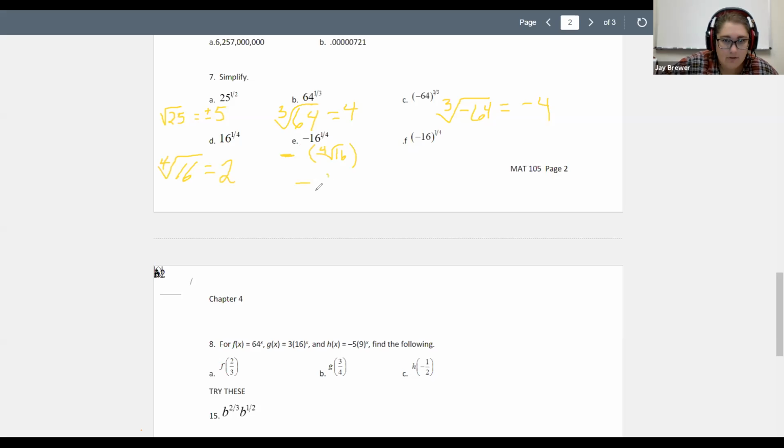So we end up with a -2. However, is there a number that will allow you to multiply it by itself 4 times and yield a negative? Think about it.